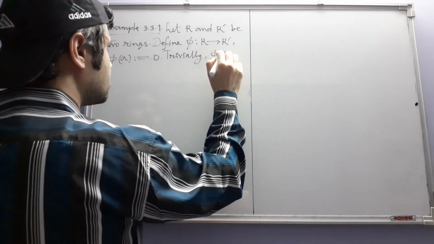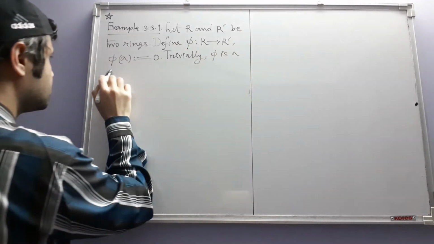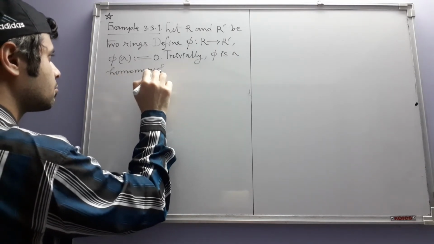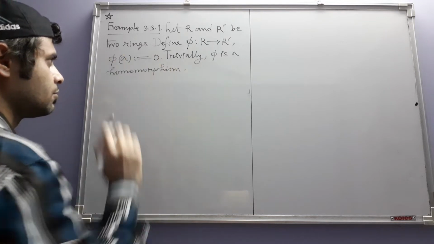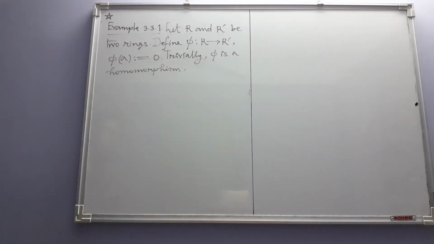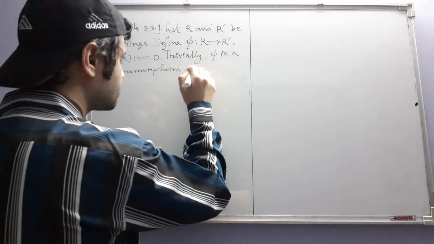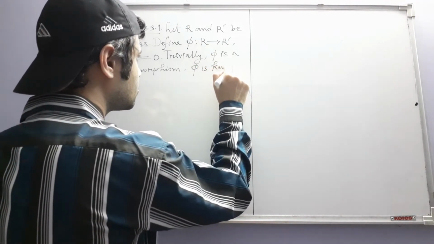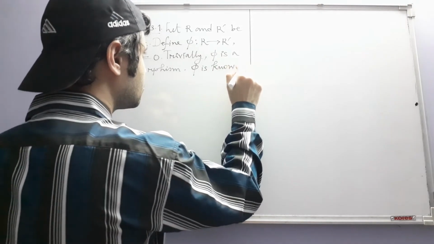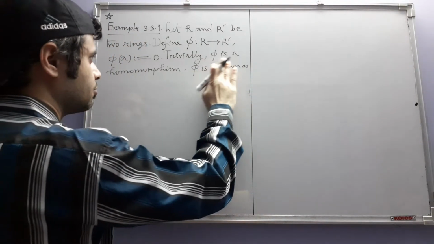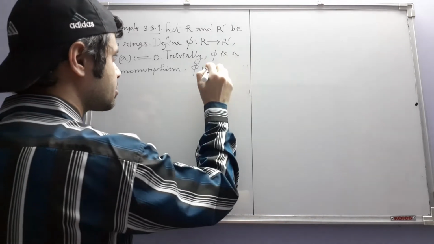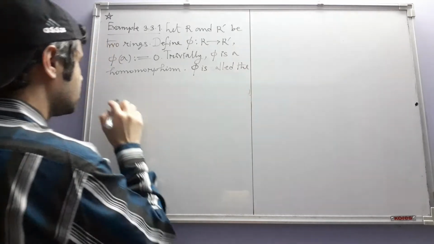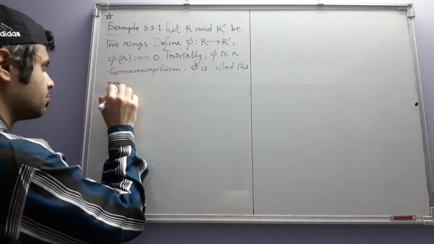Trivially, phi is a homomorphism. In fact, it has a name. Phi is called the zero homomorphism.